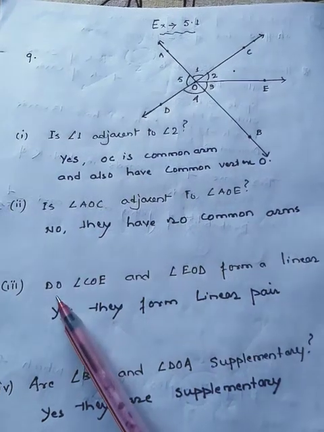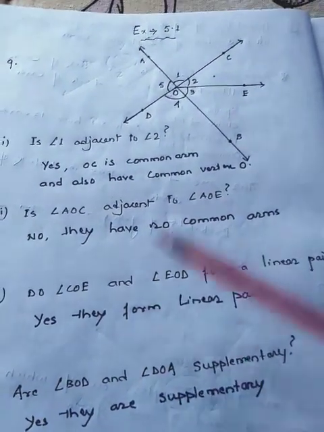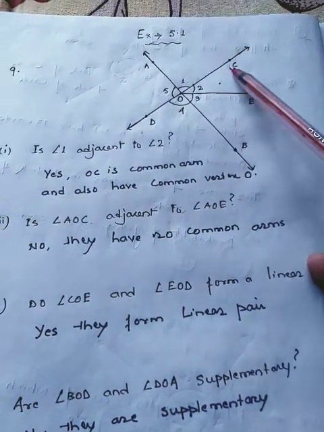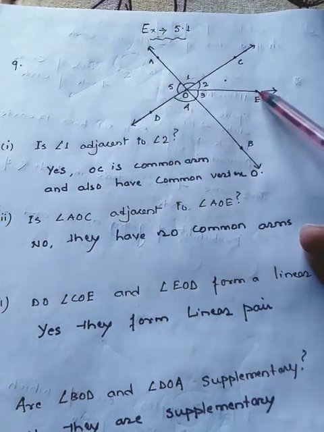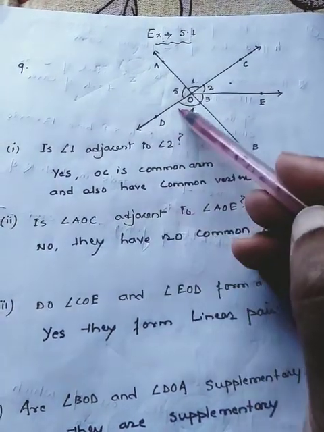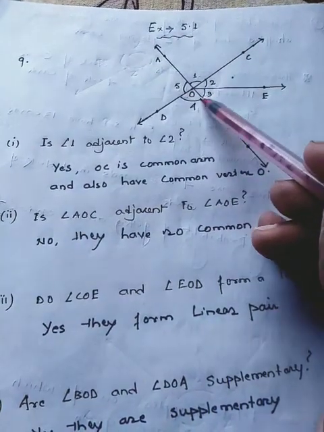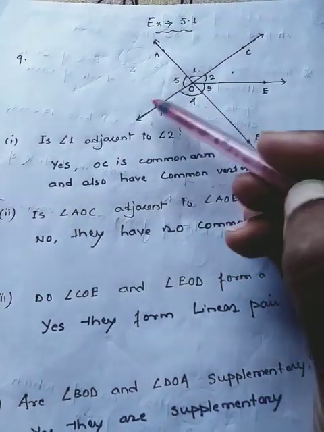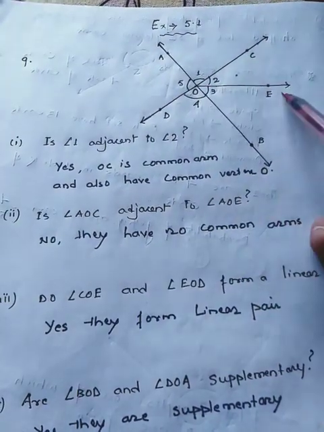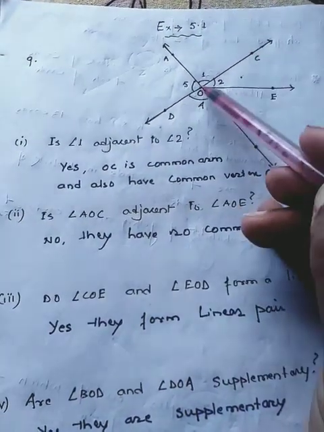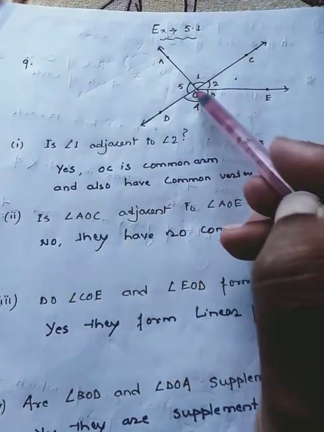Now, angle COE and EOD. Which one is COE? COE means angle 2, and EOD is this whole angle, so this angle and this angle are adjacent to each other. See this line, students. On this line two angles are forming, COE and EOD, so they have a common arm, EO.